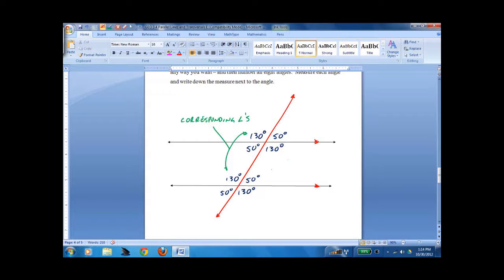We also found that these angles were alternate interior angles. And we found that these angles were same side interior angles.